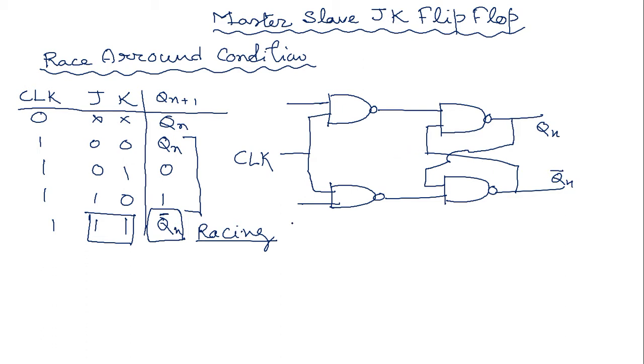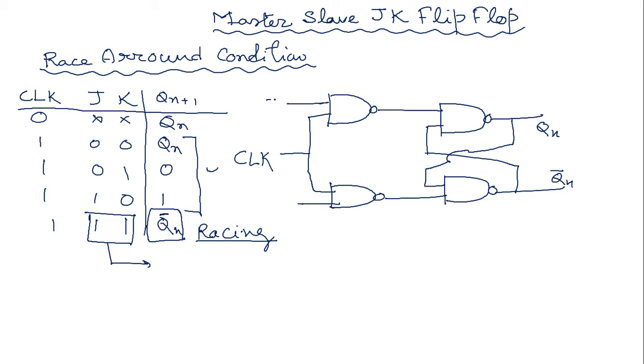So these three states, when J equals K equals 0, J equals 0 and K equals 1, and J equals 1 and K equals 0, are not so important for us, because this is a general output and we can get a stable output for each and every clock pulse. So for one clock pulse we will get a fixed state, but one condition arises when J equals K equals 1.